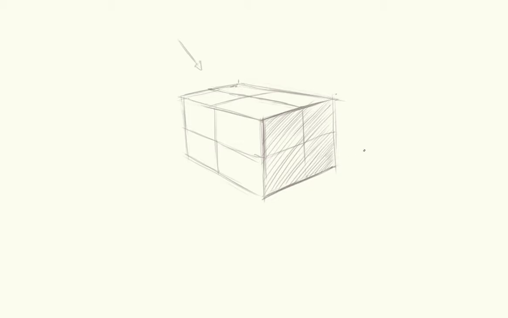beautiful process. So I'm adding dark lines where I have occlusion. I'm adding dark lines where I have core shadow, right? I'm going to my contour and developing the drawing along the contour.